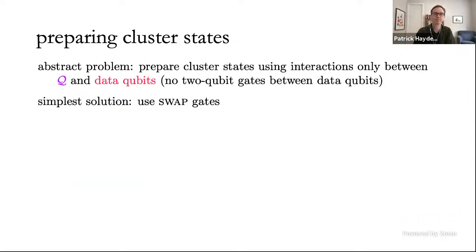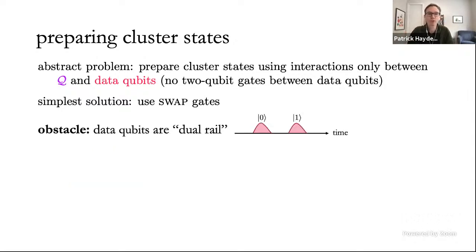Done, right? Now, the obstacle to doing that for us is going to be that we're now concerned about fault tolerance. And so we're not going to want to use exactly the same setup that Lindner and Rudolph and then Pichler and Choi were using, because we're going to want our data qubits to be dual rail. And what that means is that instead of the presence or absence of a pulse in the waveguide corresponding to a qubit, the timing of the pulse is going to correspond to the state of the qubit.